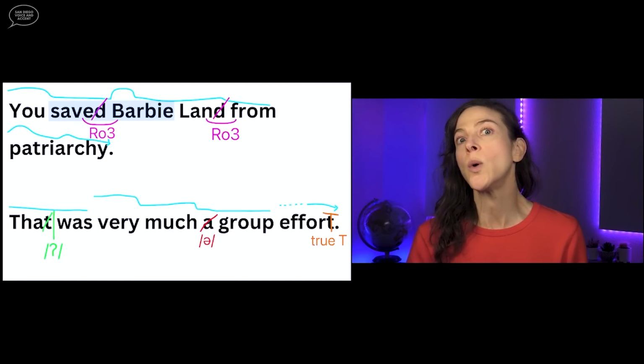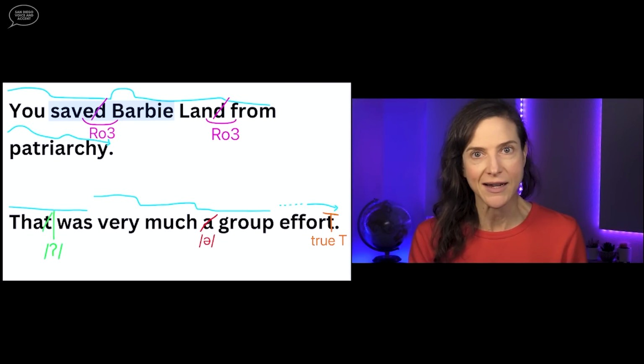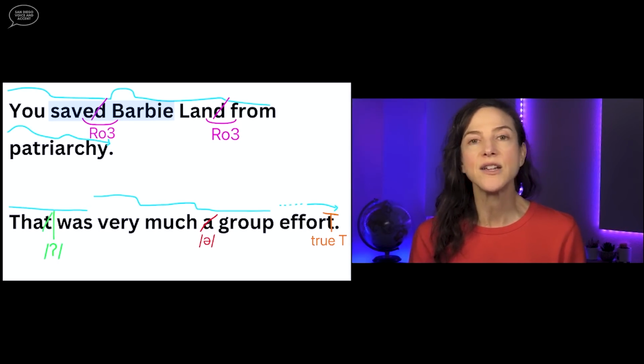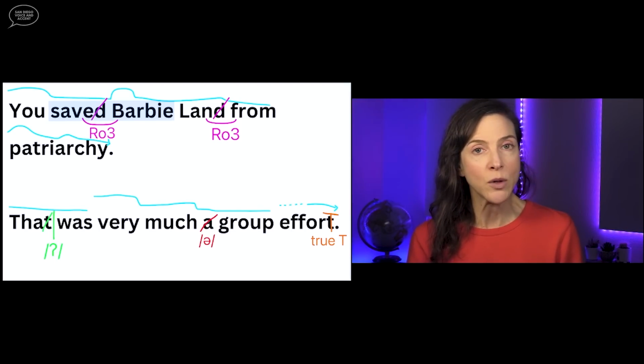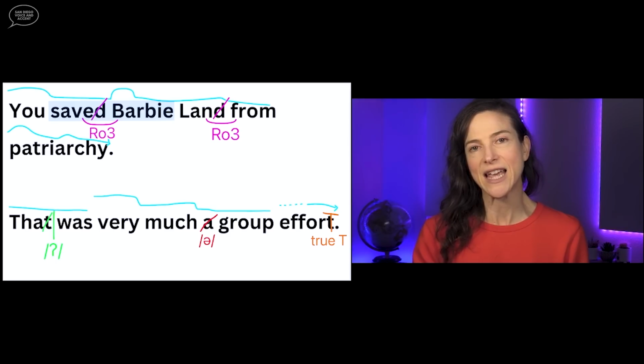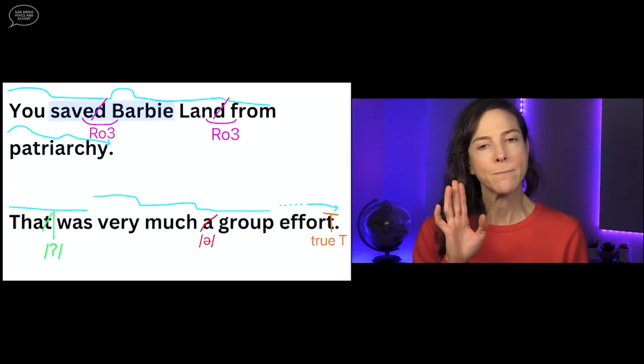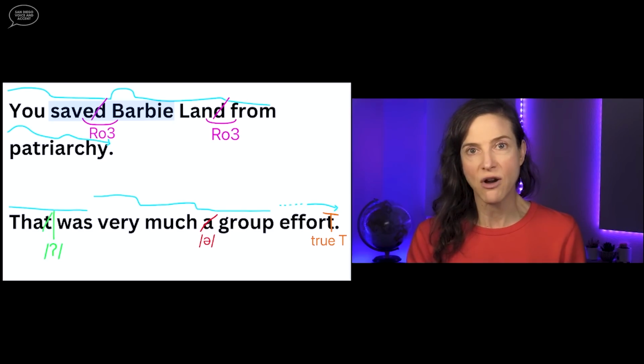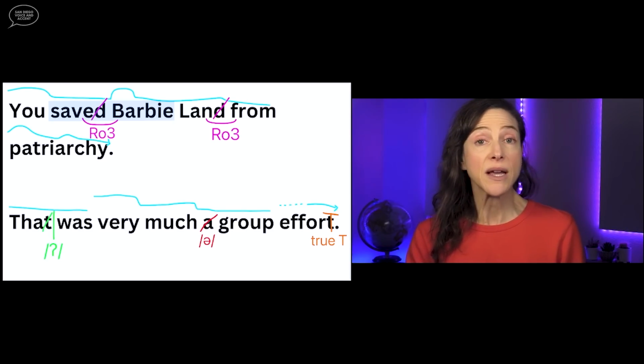Now, you can only do that when the rule of 3 applies. If she had said a different word after saved, like a word that began with a vowel, she could not drop that ED ending because she wouldn't have the rule of 3 there. She would have 2 consonants in saved linking to a vowel, not the rule of 3. She can't drop the ED because then that would be very much a grammatical error.